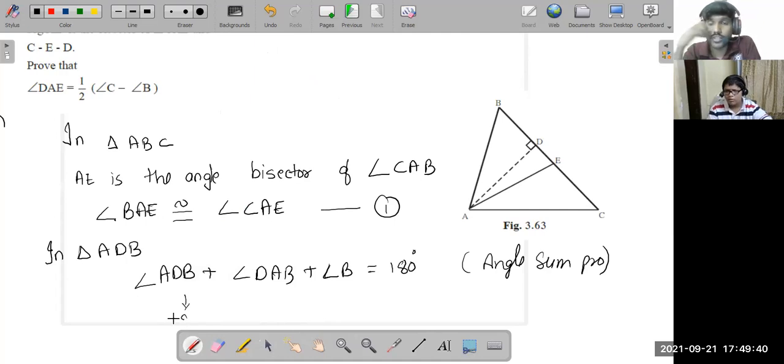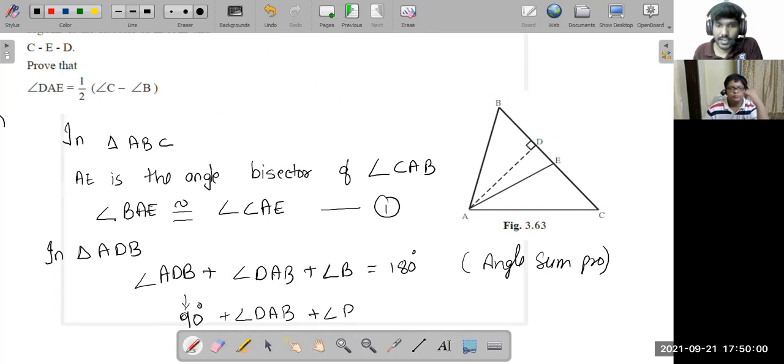No, ADB. Look at ADB in the diagram. 90 degrees. So I'll substitute 90 degrees, and DAB I'll keep as it is, plus angle B is equal to 180 degrees.